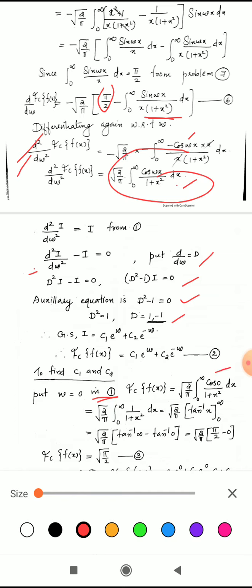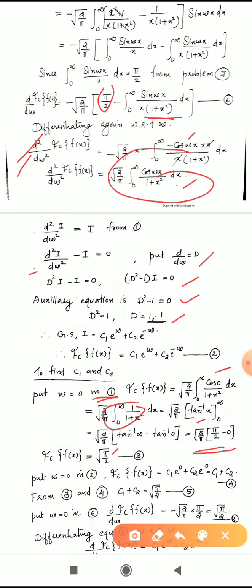We know that cos 0 is 1, so this is equal to root of 2 by pi integral 0 to infinity 1 by 1 plus x square dx, and the integral of this is tan inverse x. So applying limits, we have the value root of 2 by pi into pi by 2 minus 0, that is root of pi by 2.